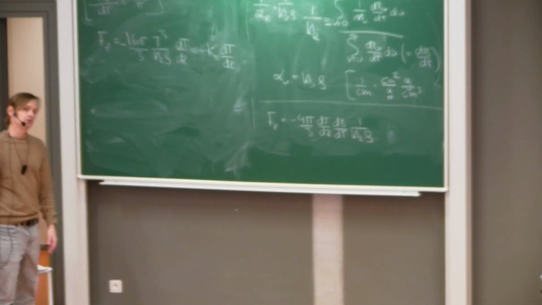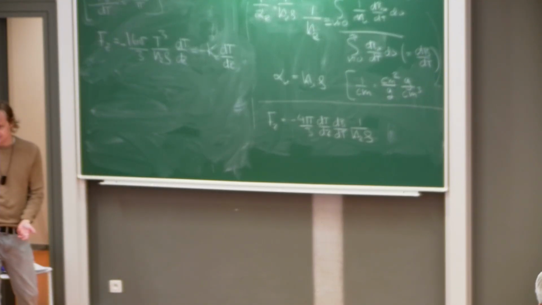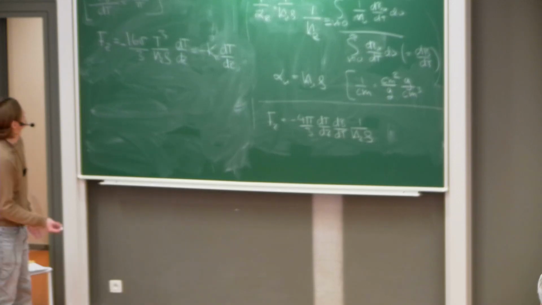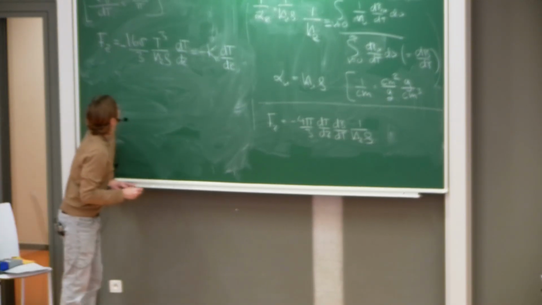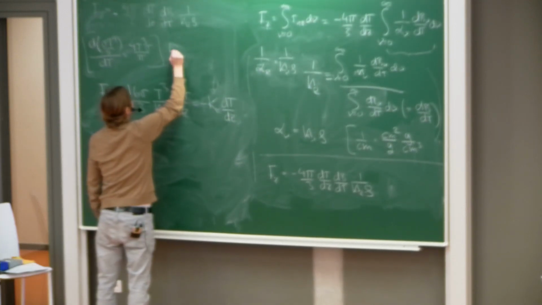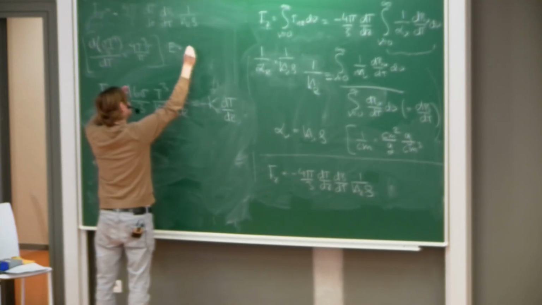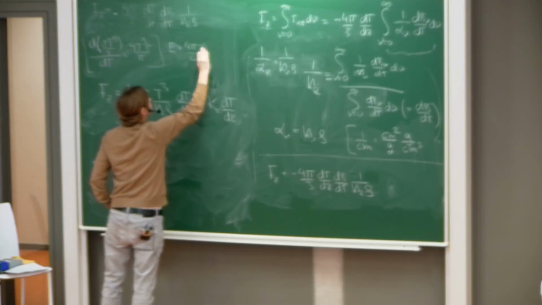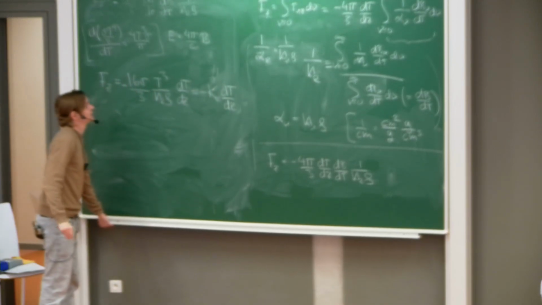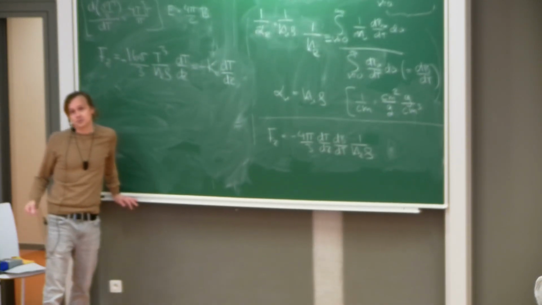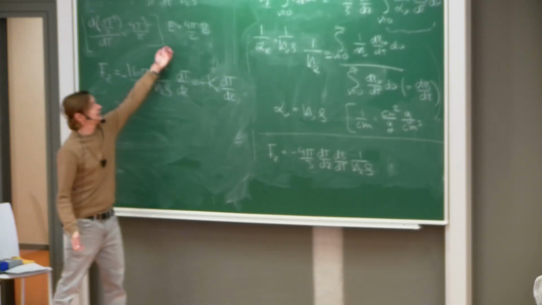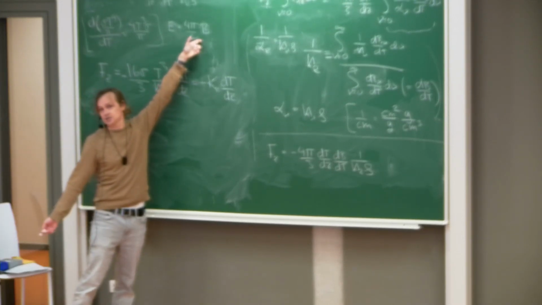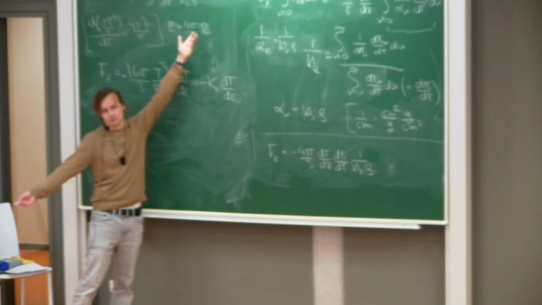Now, we could also put this in terms of the energy, right? And then we will again use that we know what the energy is. It is 4 pi divided by c times the Planck function, because we already said that, okay, in the diffusion approximation, the energy density is not changed. That's its equilibrium value. So we know this.